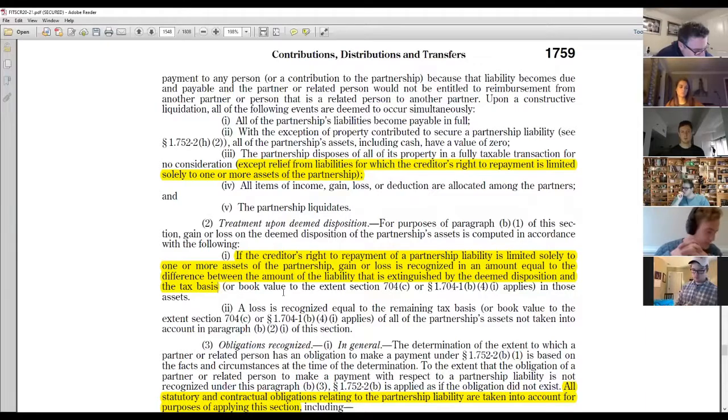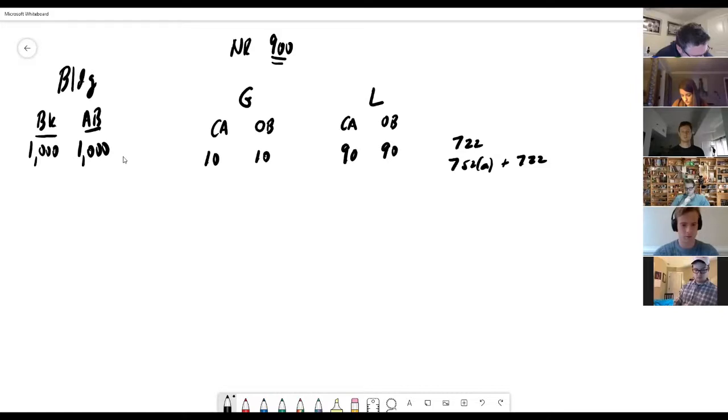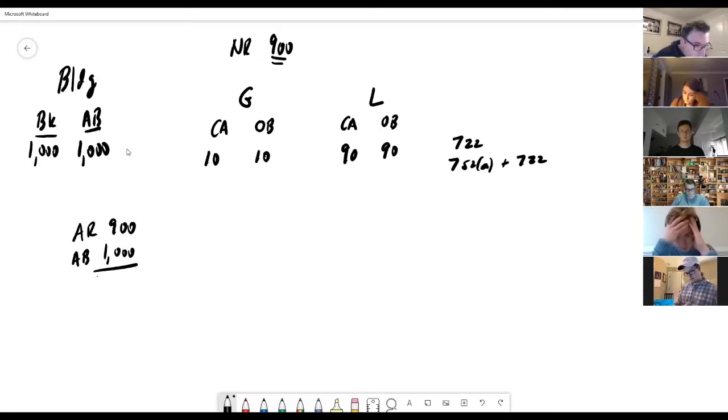The building is now worthless, but because it secures a non-recourse loan, when we dispose of it, the non-recourse loan goes in our amount realized. So in this hypothetical transaction, we have an amount realized of 900, and our adjusted basis is 1,000. So we have 100 of loss.